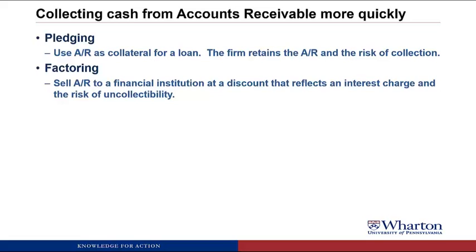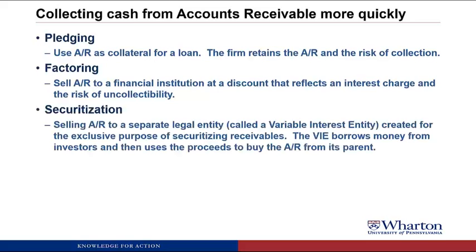You get your cash right away. You don't have to worry about collecting them or not. And the bank pays you $50,000 less than the million because they're building in an interest charge, and also they're recognizing the fact that some percent of those are going to be uncollectible. And obviously, if they were longer-term receivables or there was a higher risk of not collecting them, the discount would get bigger.